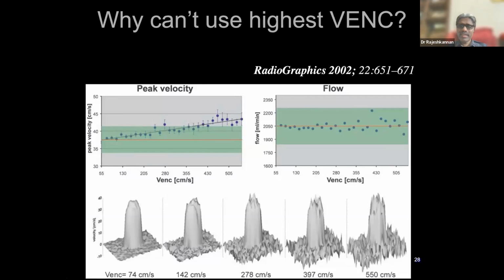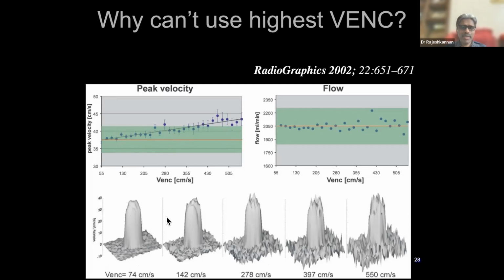Now, since a lower Venc produces aliasing, why can't we use the highest Venc, like 500 centimeter per second, for all cases? If you look at this experiment which was done using a phantom and a tube of fixed velocity, the PC scans were done with different Vencs starting from, say, 74 to 550 centimeter per second, and the yellow line indicates the actual velocity of the particular structure.